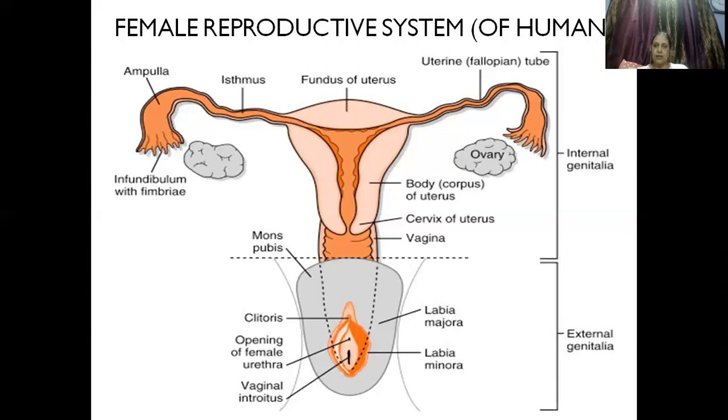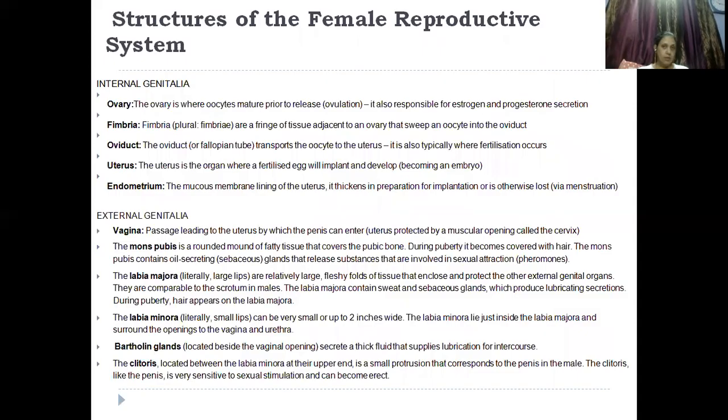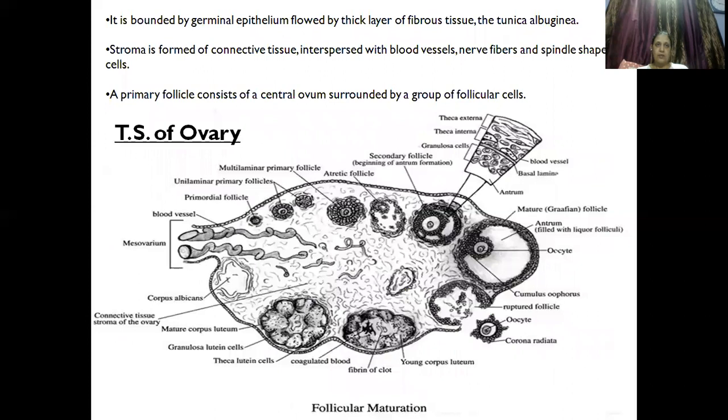Now, when you see the structure of the ovary, here in the TS of the ovary, you will see it is bounded by the germinal epithelium, followed by a thick layer of fibrous tissue, the tunica albuginea. The stroma is formed of connective tissue interspersed with blood cells, nerve fibers, and spindle-shaped cells.